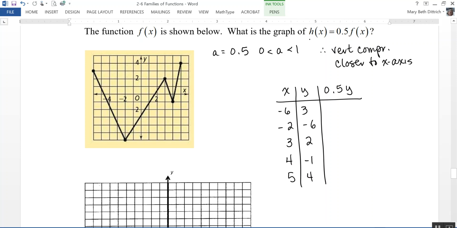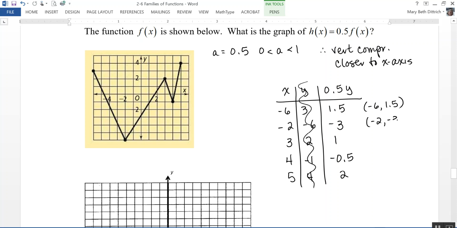So my function h of x, which multiplies every y value times 0.5, is going to give me 1.5, negative 3, 1, negative 0.5, and 2. Now I really ignore this column here, and I'm going to go ahead and graph these ordered pairs.